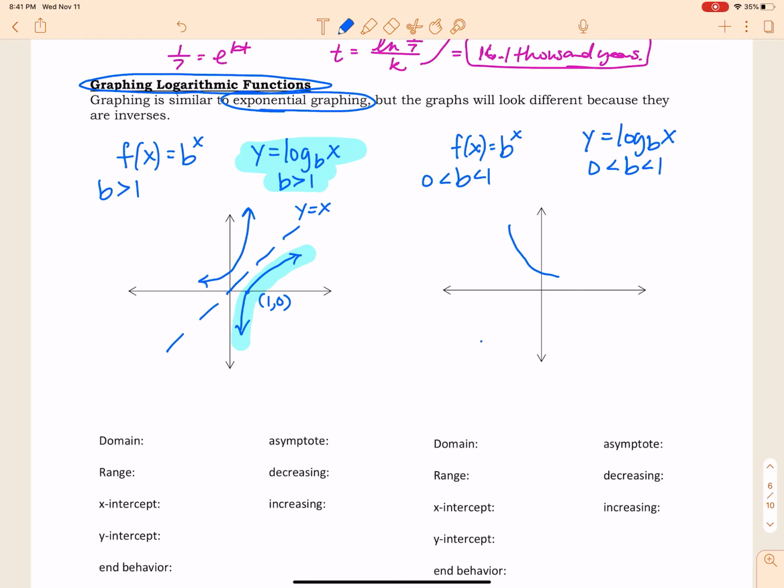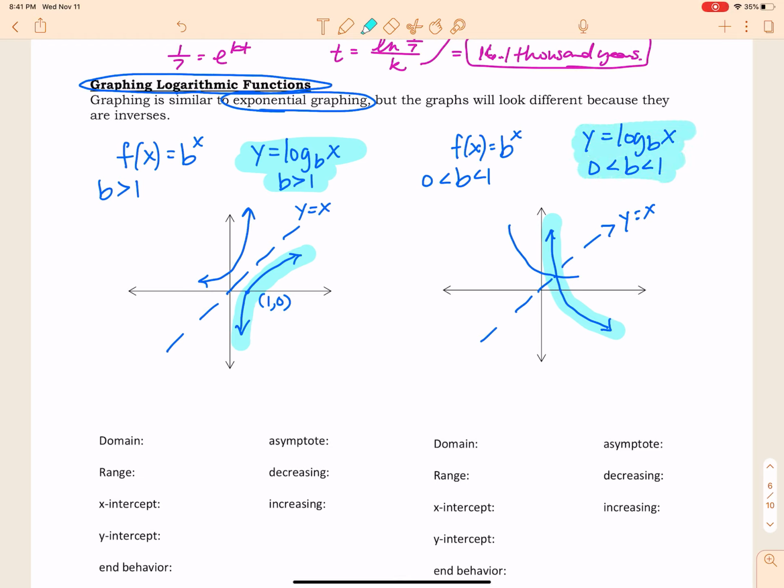The log function is going to reflect over y equals x because it's the inverse. So it's going to go through (1, 0), and it's going to look just like that. See how it reflects over the y equals x? So that is my log function when b is in between 0 and 1.